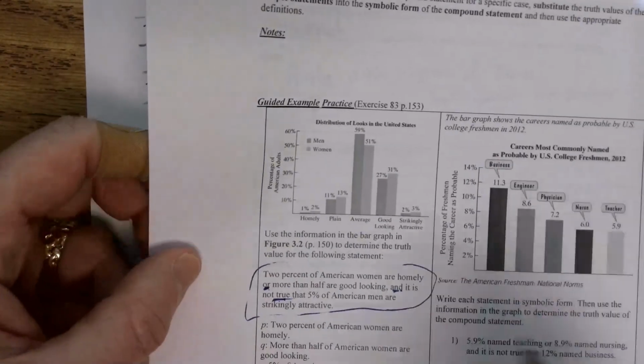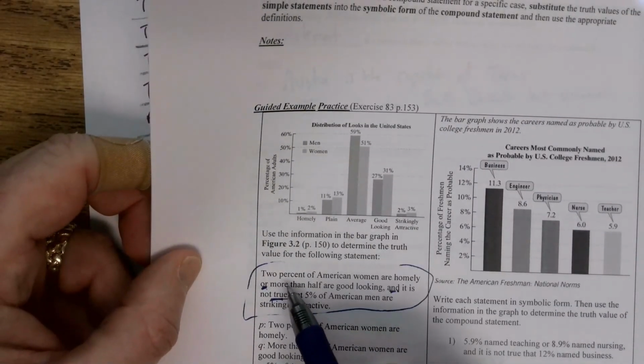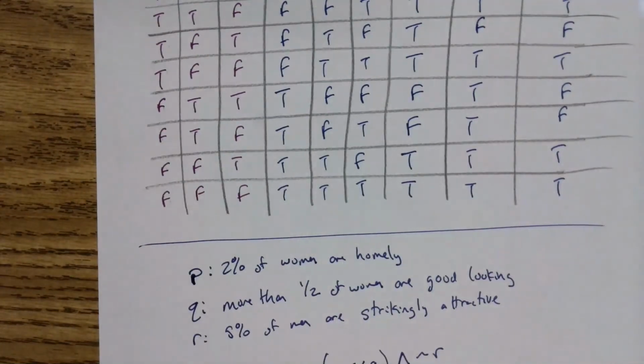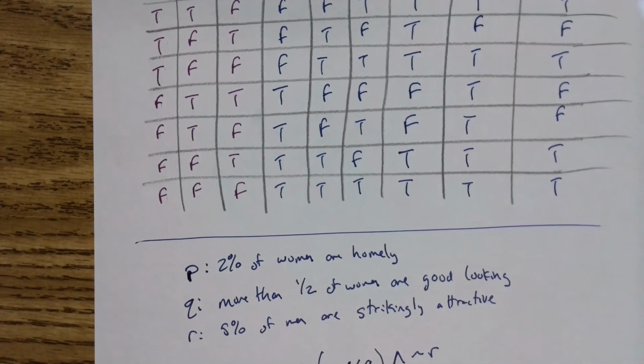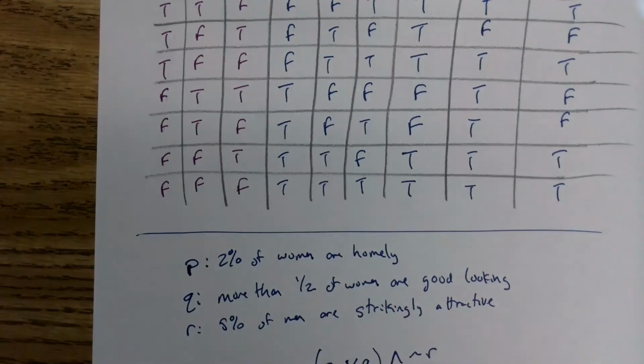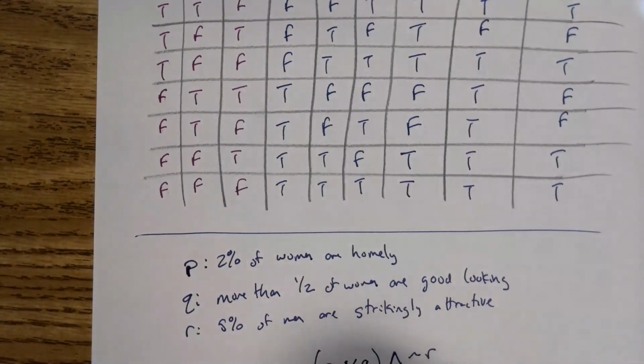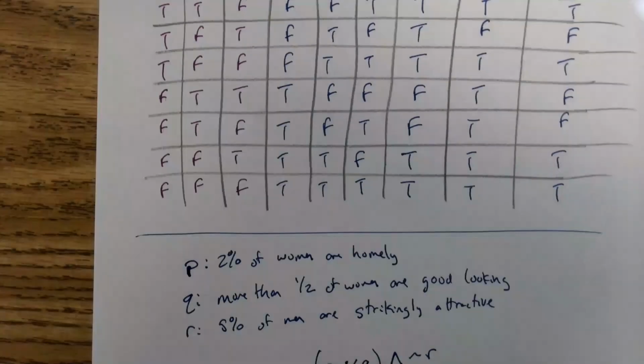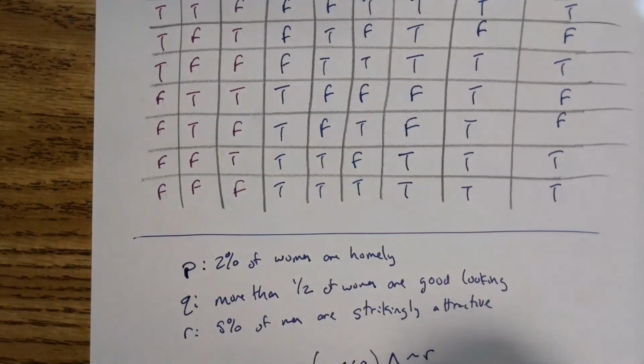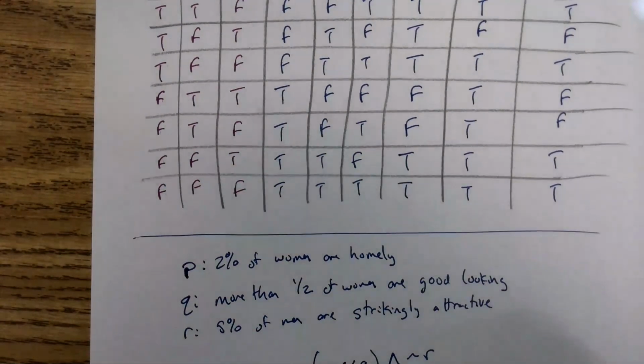This is the statement that's made. Is it a true statement or a false statement? You find that P is true, Q is false, and R is also false.